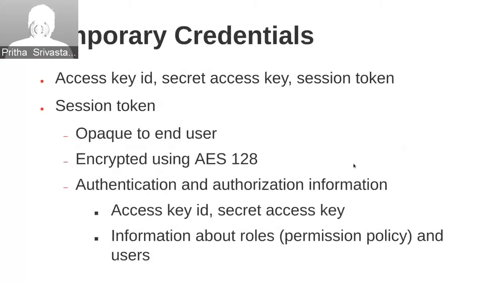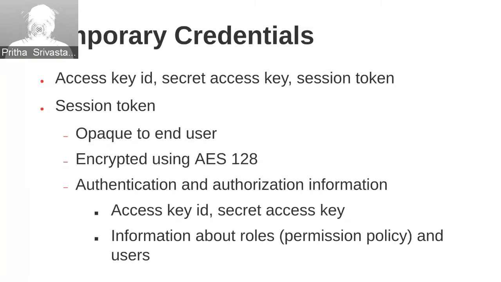So what are temporary credentials? We know that permanent credentials consist of an access key ID and a secret access key. In addition to these two, temporary credentials also consist of a session token. A session token is encrypted and hence it is opaque to the end user. Now, although it is opaque to the end user, it carries a lot of meaningful information for RGW when a user makes use of the session token to send an S3 request.